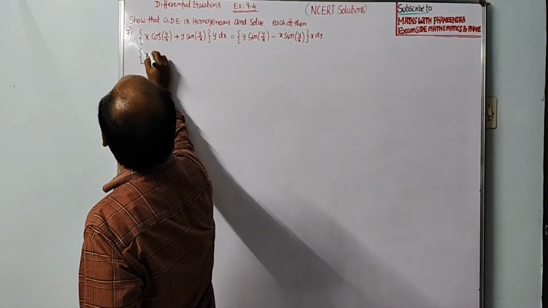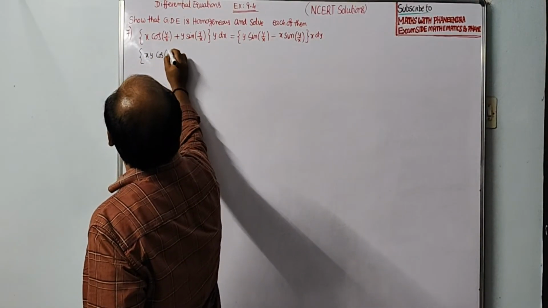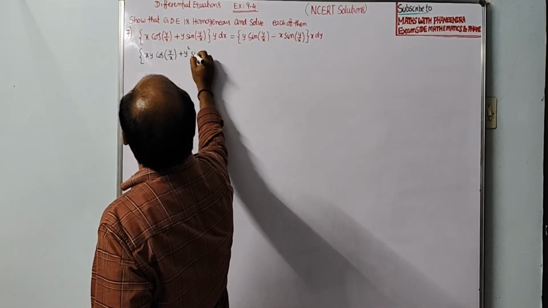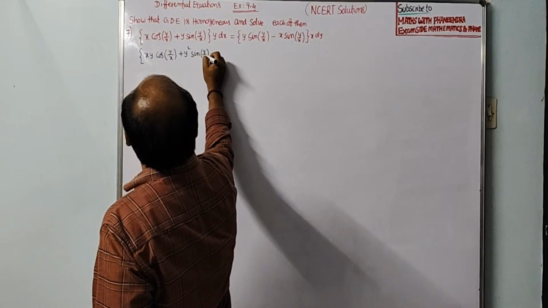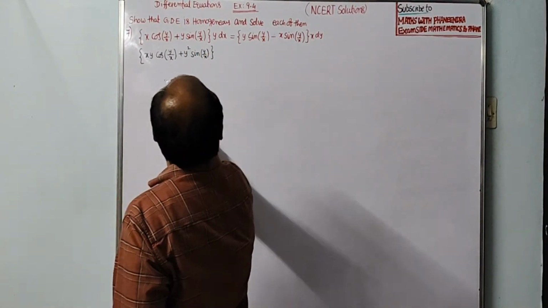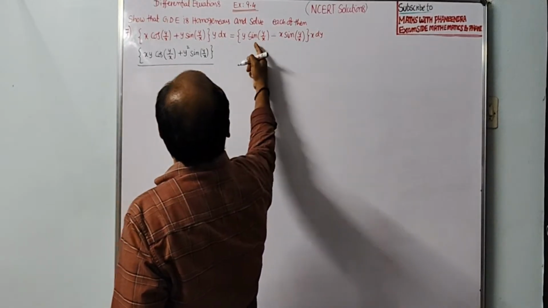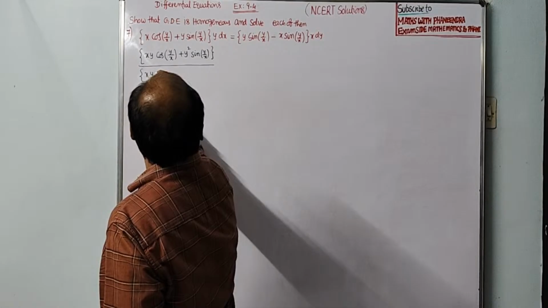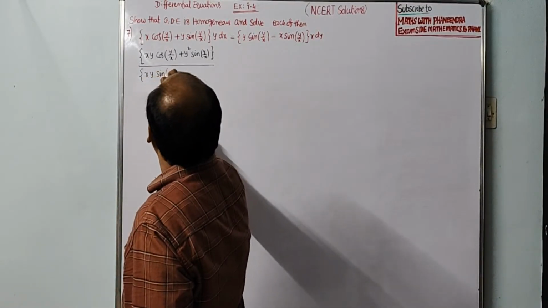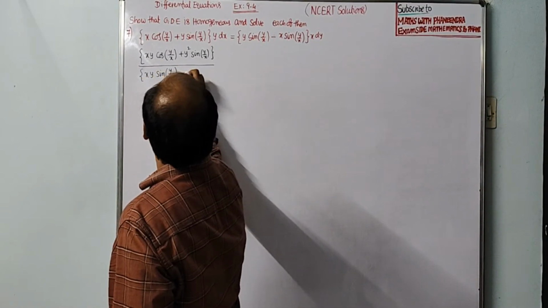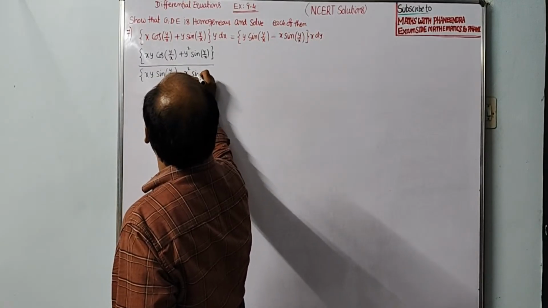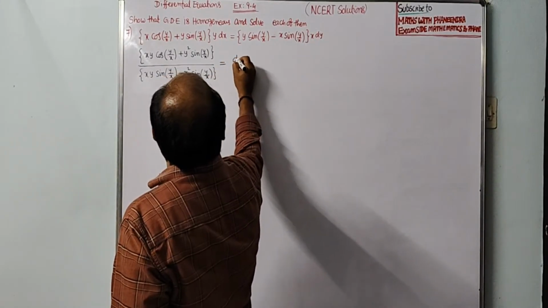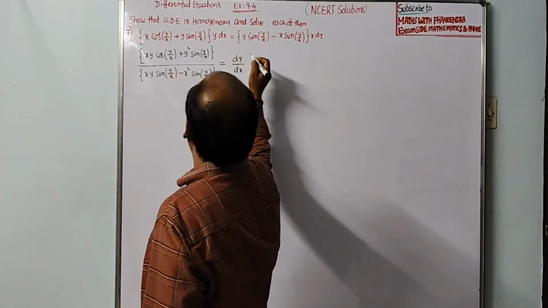So xy into cos of y by x plus y square sin of y by x, divided by, this also multiply and bring this side, xy into sin of y by x minus x squared cos of y by x is equal to dy by dx.